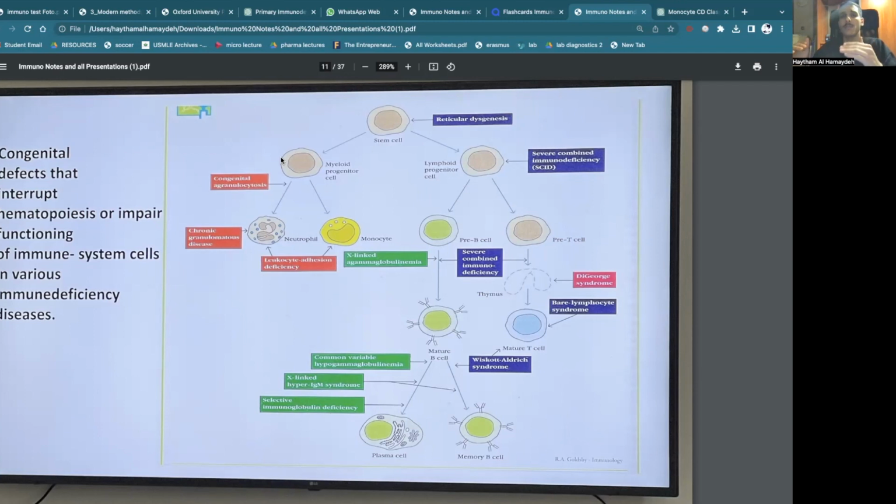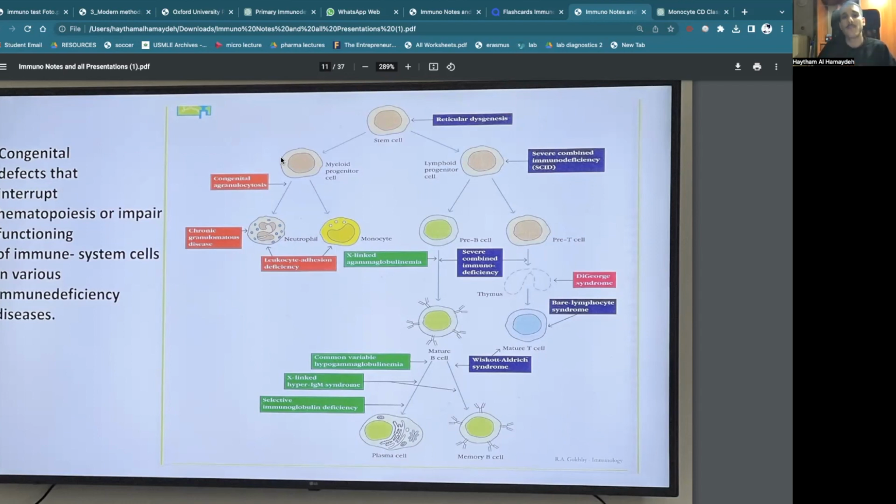And so pre-B and pre-T would give rise to mature B and mature T. Then T cells can do their function, and B cells can even give rise to plasma and memory cells. Myeloid, on the other hand, gives rise to neutrophils and monocytes. And at each stage, there is an immunodeficiency disease that affects that stage specifically.